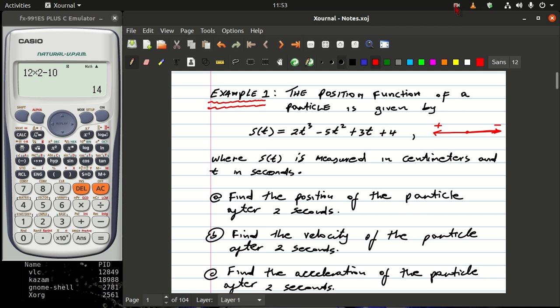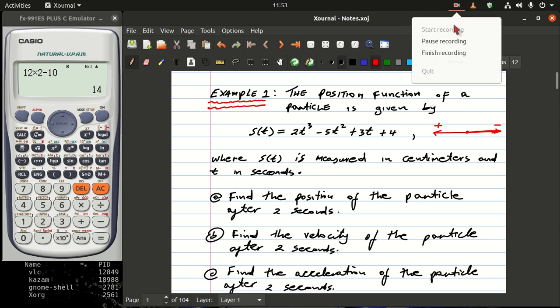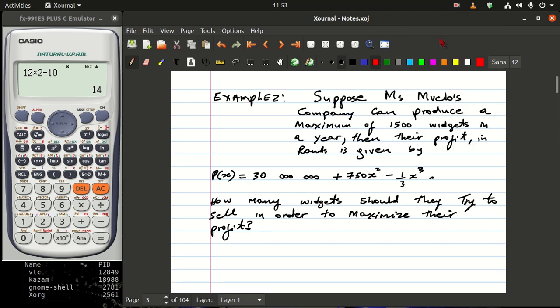It has nothing to do with acceleration, position, and velocity. Let me write it down first, and then we can look into it. The second example says, suppose Ms. Mvelo's company can produce a maximum of 1,500 widgets in a year.